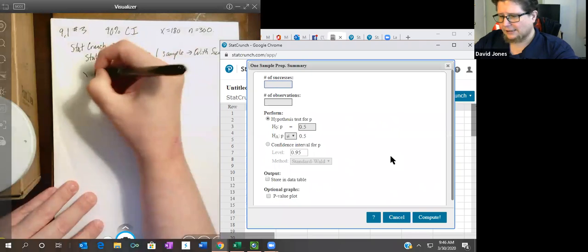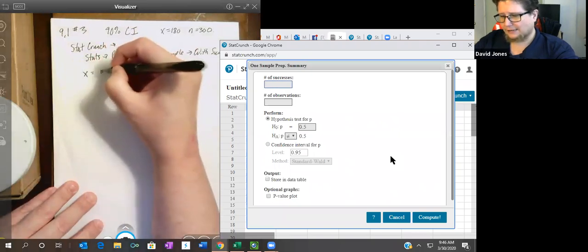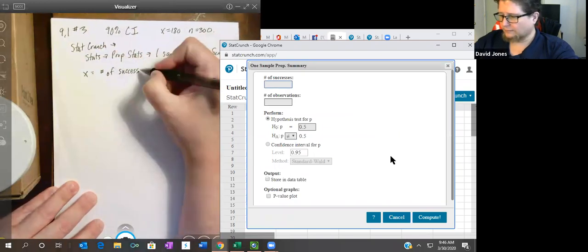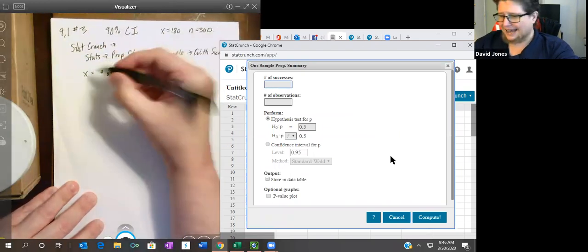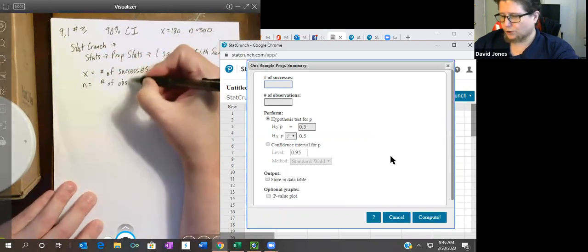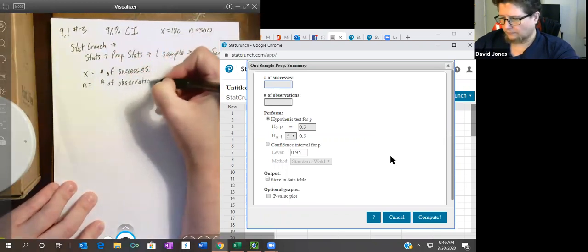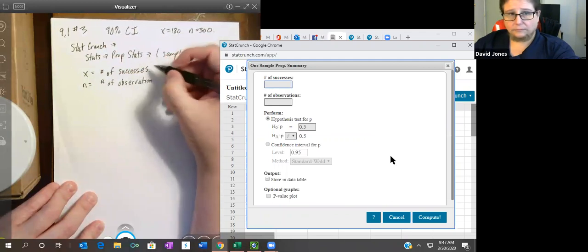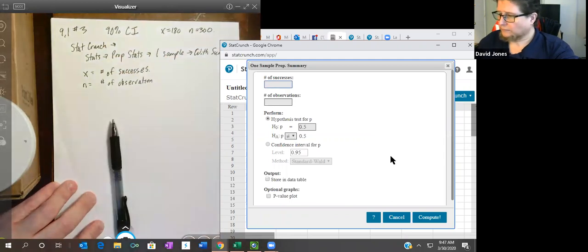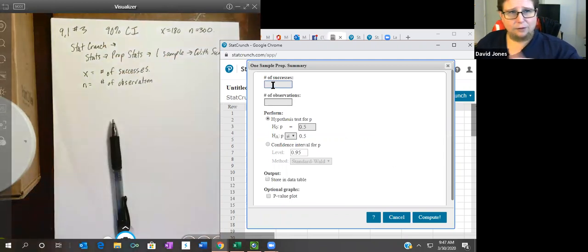X is our number of successes, and that's one of the boxes they ask us about. And N is the number of observations, which is your total in your sample. So they gave me 180 and 300.